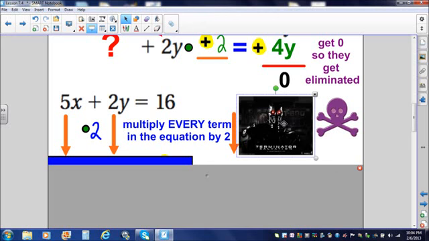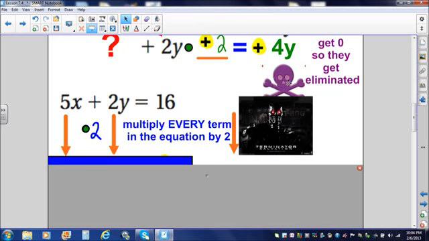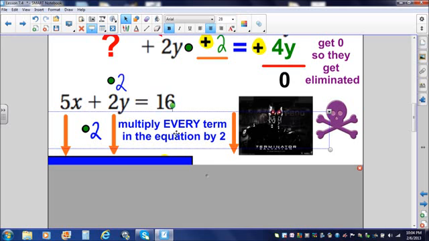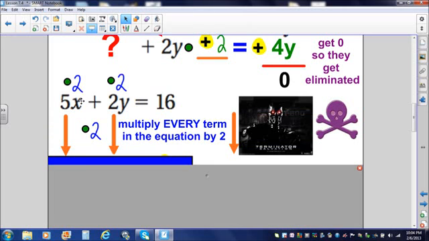Since I want them to terminate, or I want them to cancel, I'm going to multiply the 2y by positive 2. But remember, whatever we do to one, we have to do to the others. So we're going to multiply every term by positive 2. So I multiply this term by positive 2, this term by positive 2, and this term by positive 2.